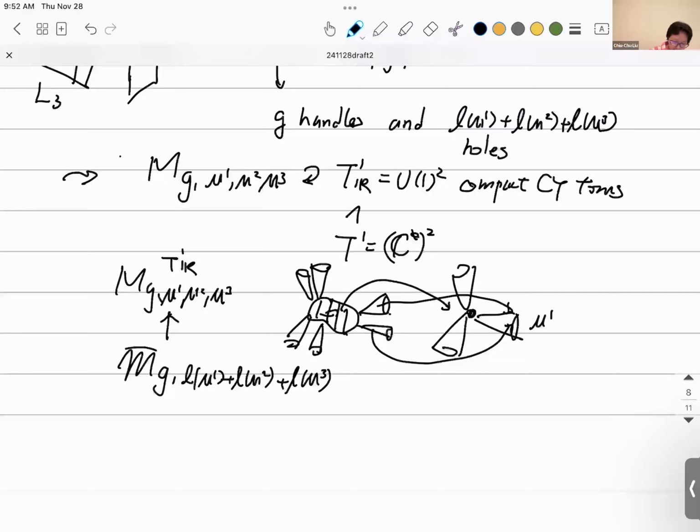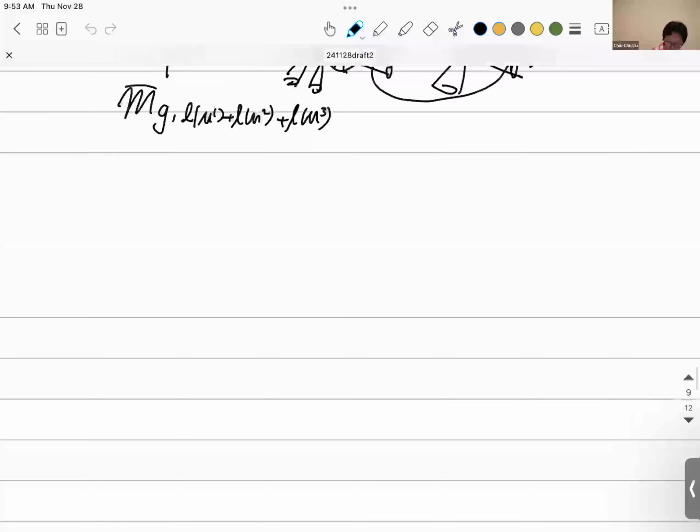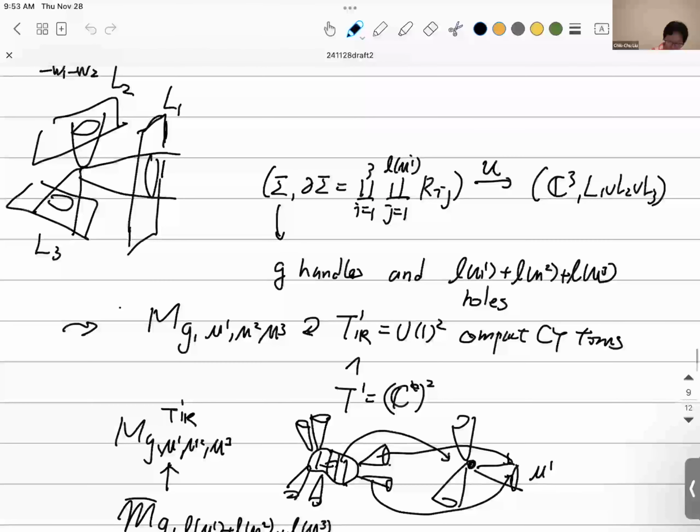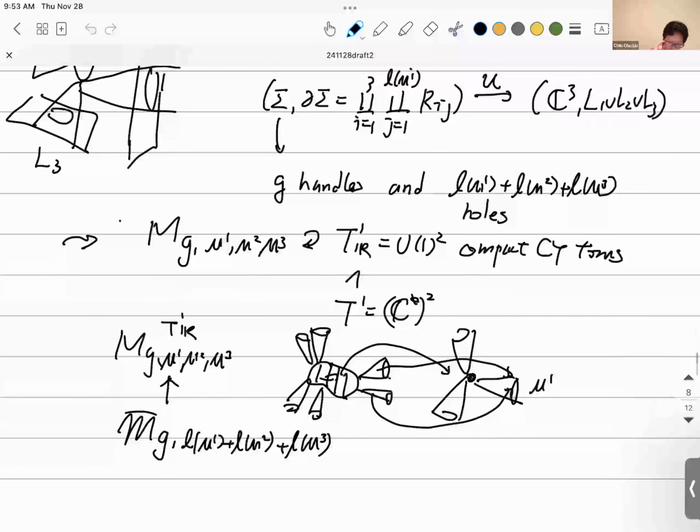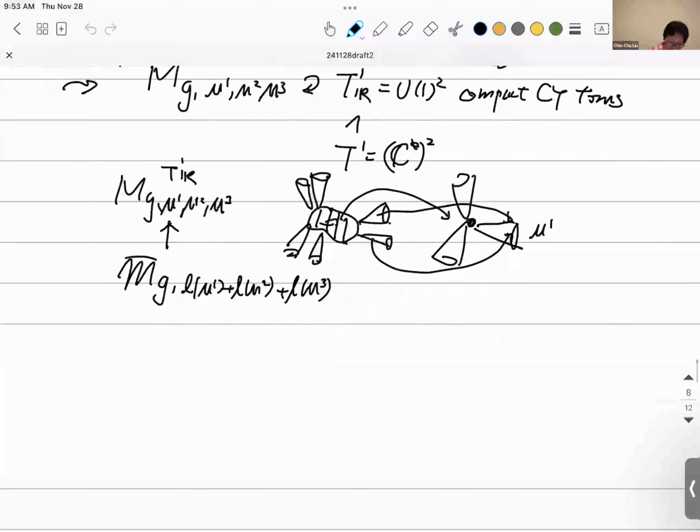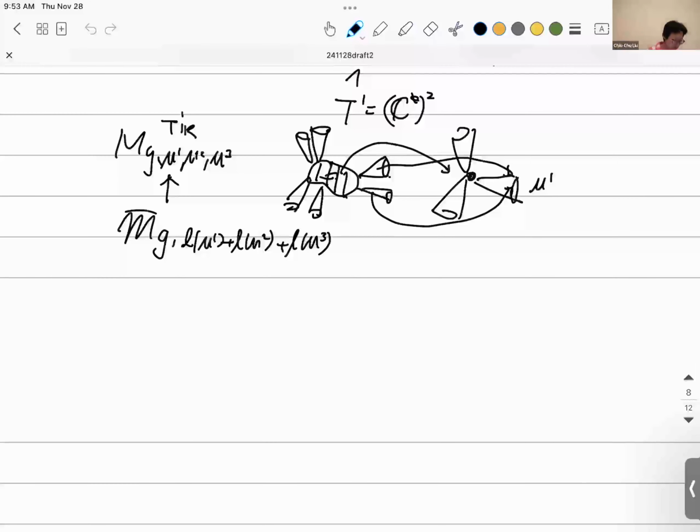So when we define and compute these open Gromov-Witten invariants by localization, we actually just get some integral on this moduli space of stable curves.